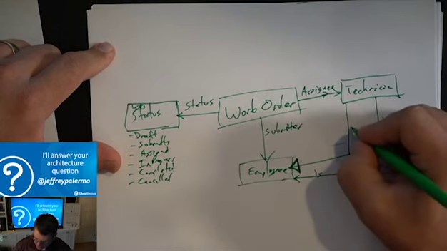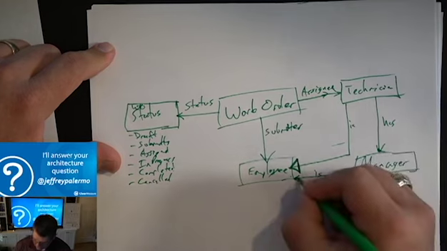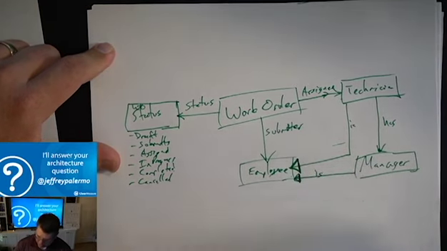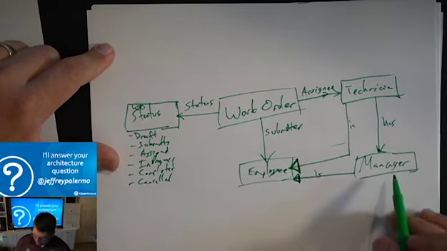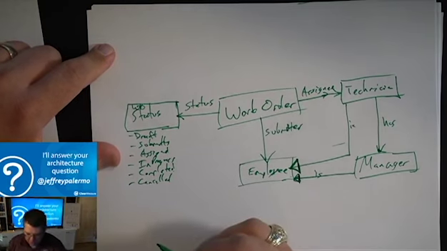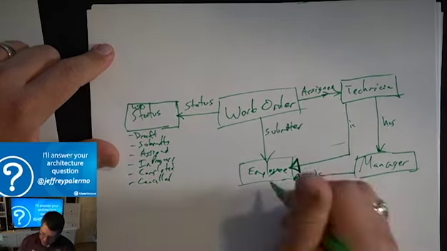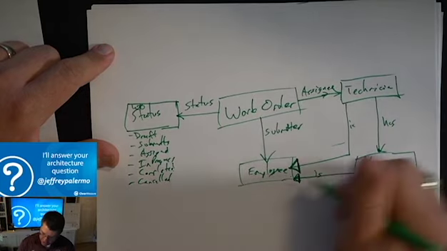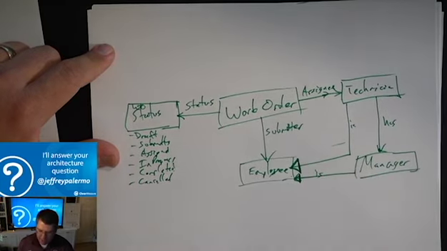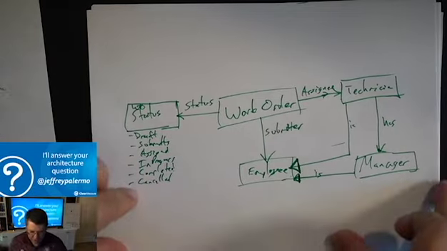A technician is, open there, is a, I think we'll leave it for that. A manager is an employee, a technician is an employee, and a technician has a manager. All right, so there's our object diagram.